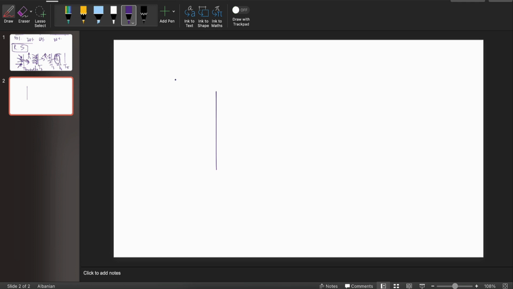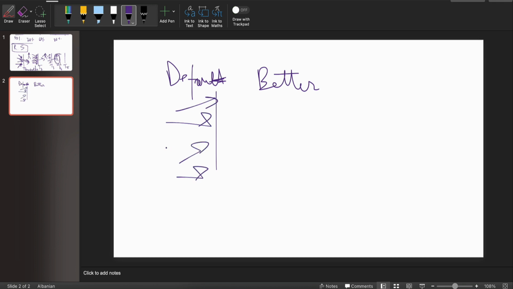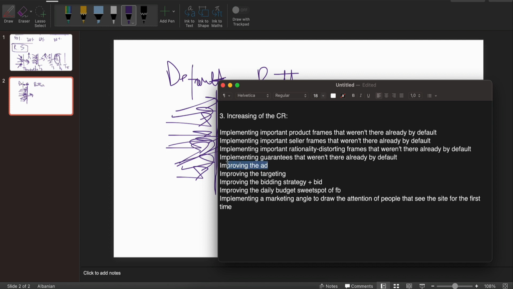So this is the default situation, and this is the better situation or context, right? So we want to test ads, and 100, 200, 1,000 ads might be worse than the default. Only one of them has to work, so you see, we might fail 99.9% of the time. Only one time has to work, so that now we have essentially improved the situation based on this tiny component, right?